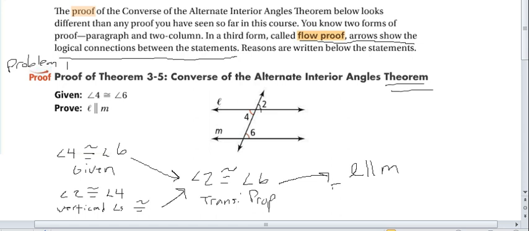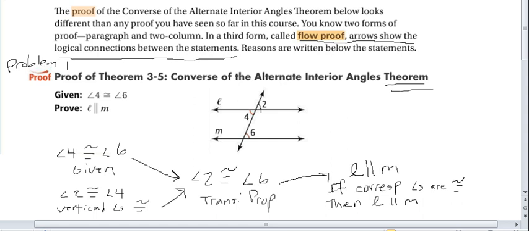So we worked back. We said that if these two right here are congruent, then it must mean that these two lines are parallel.